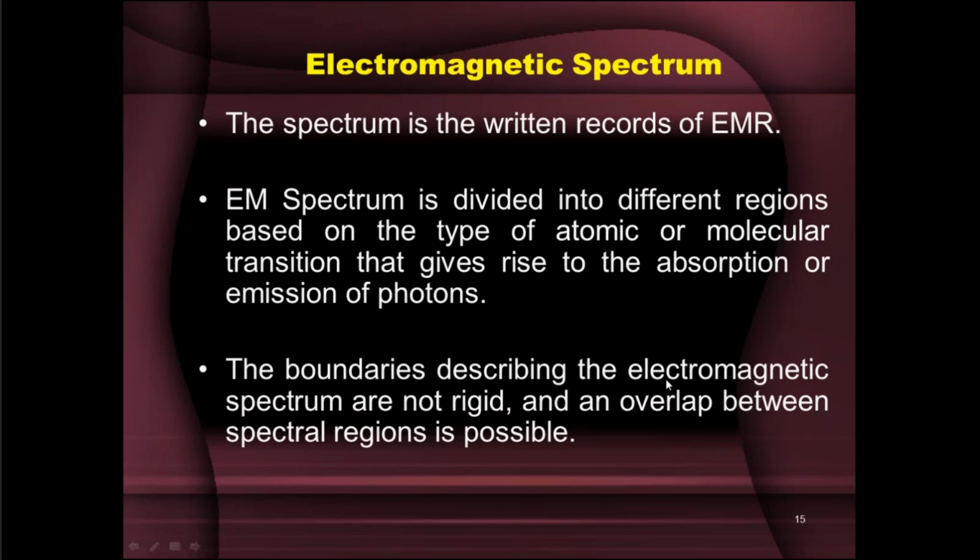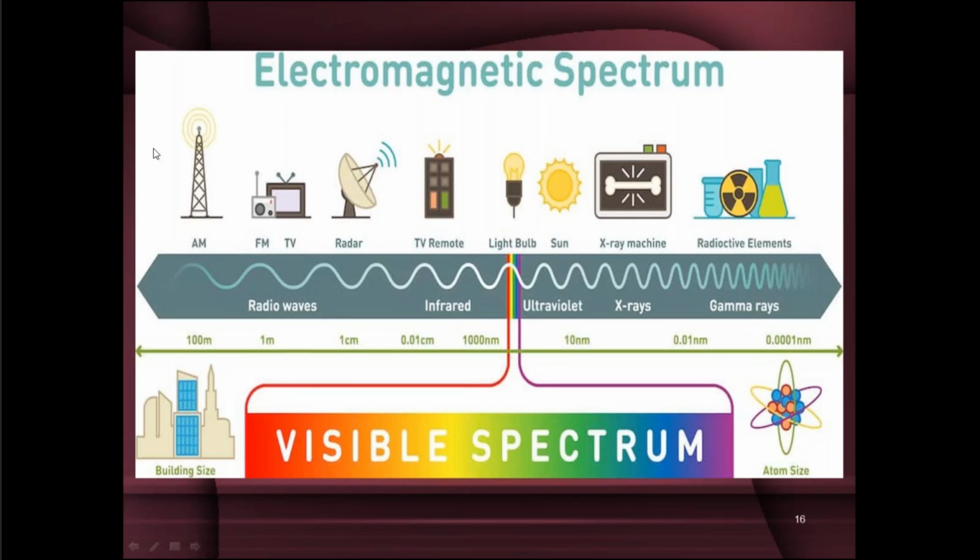The boundaries describing the electromagnetic spectrum are not rigid, and an overlap between spectral regions is possible, because you will now be seeing that one region extends from so many nanometers to so many nanometers. Doesn't mean it's a strict boundary. The boundaries are always overlapping. So this is a pictorial representation of the electromagnetic spectrum.